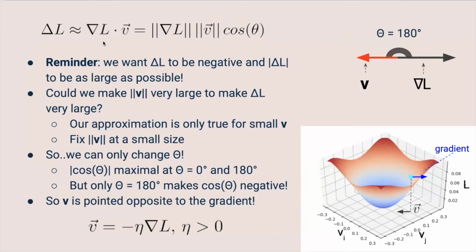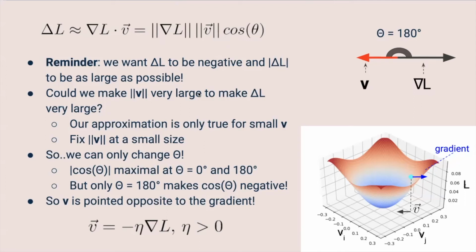And if our goal is to make delta L as negative as possible, then we can just pick a V that gives us this property based on this identity, right? So how do we do that?